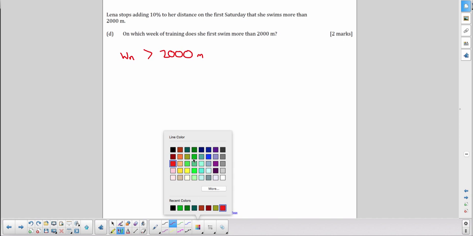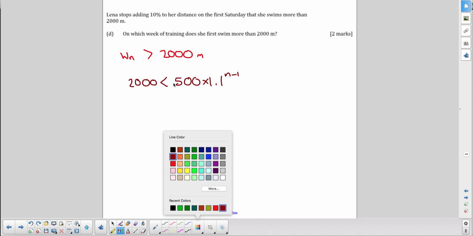So to solve that, I need to solve the formula for Wn, which is 500 times 1.1 to the power of n minus 1. I need to know that this number here is bigger than 2,000.